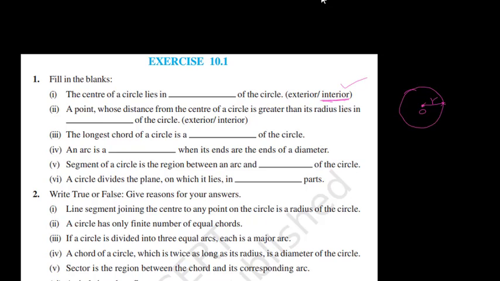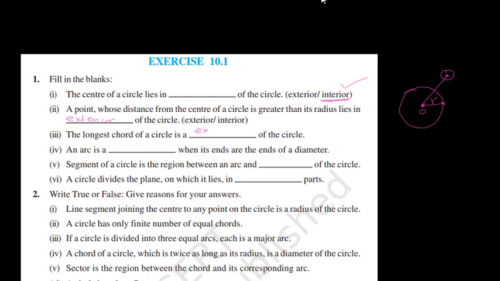If the distance is more than radius, the point will be somewhere here. So where does it lie? It lies in the exterior of the circle.